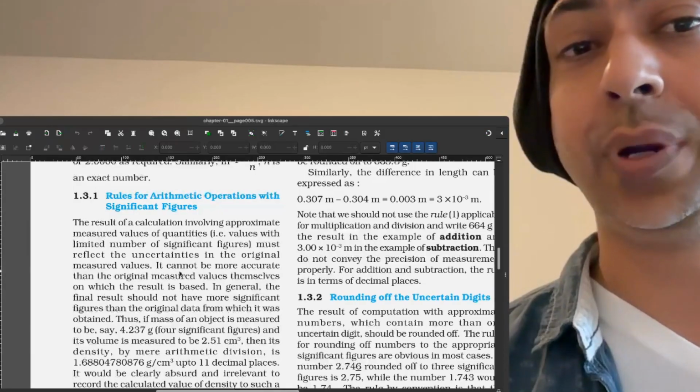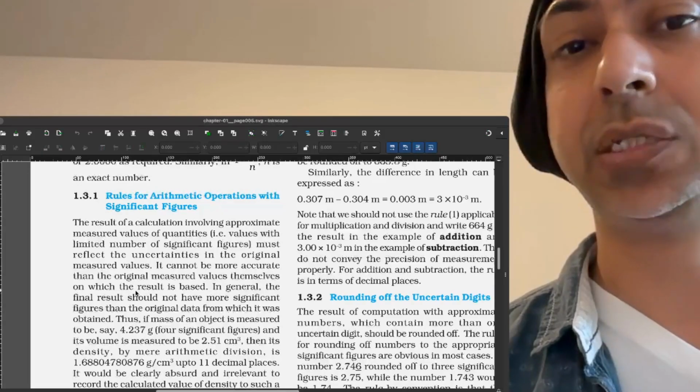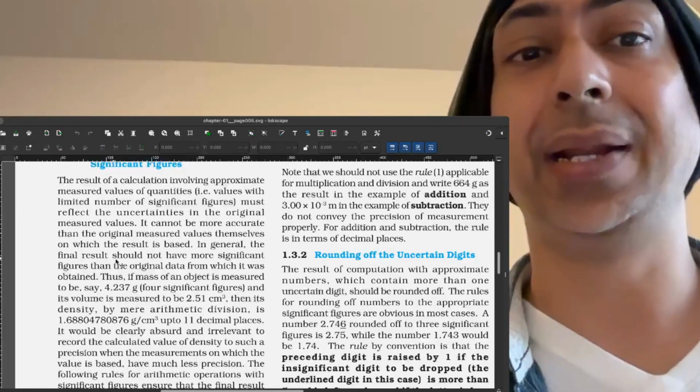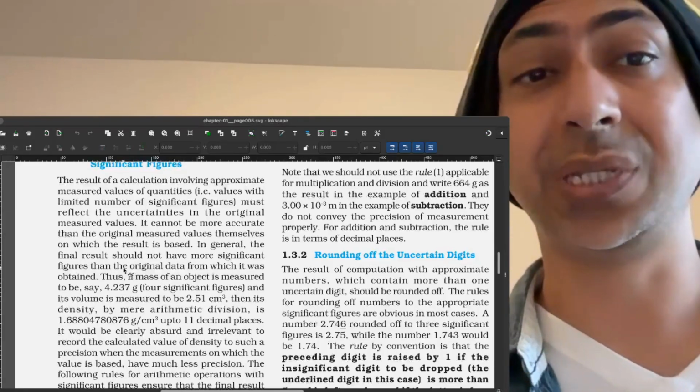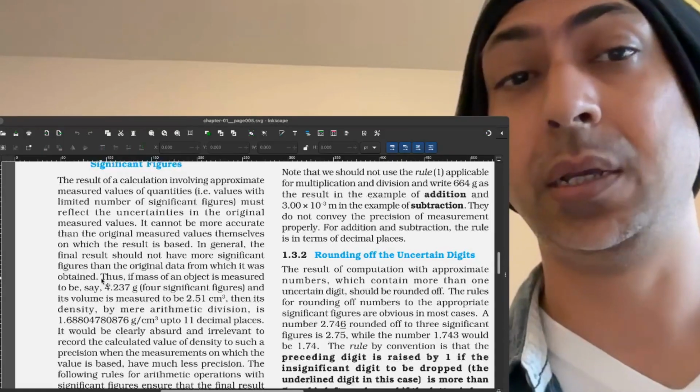It cannot be more accurate than the original measured values themselves on which the result is based. In general, the final result should not have more significant figures than the original data from which it was obtained.